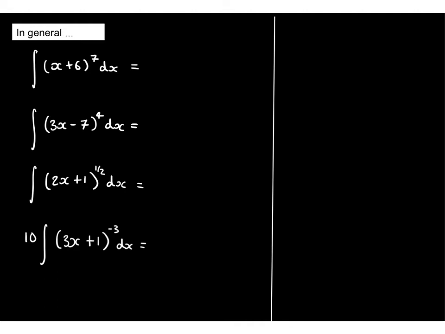So let's start with the first one, x plus 6 to the power of 7. This became x plus 6 to the power of 8 all over 8 plus a constant. So you can see that the power of 7 has been raised by 1 to make 8, and then we've simply divided by 8. So that example, very, very simple.